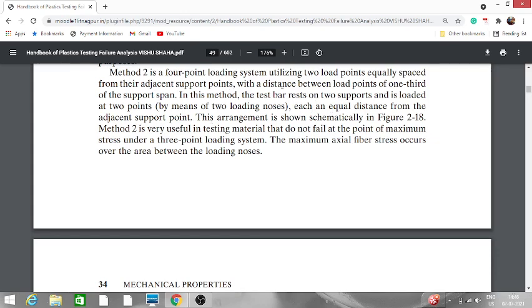So in this method, the test bar rests on two supports and is loaded at 2 points, each an equal distance from the adjacent support point.